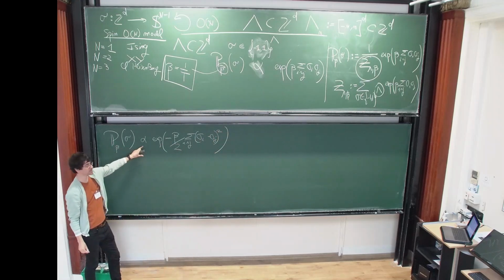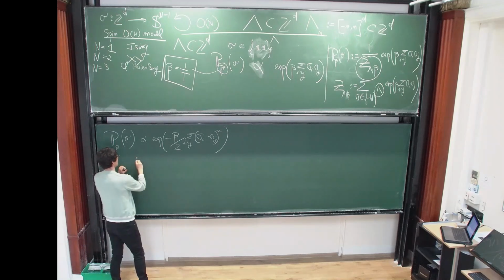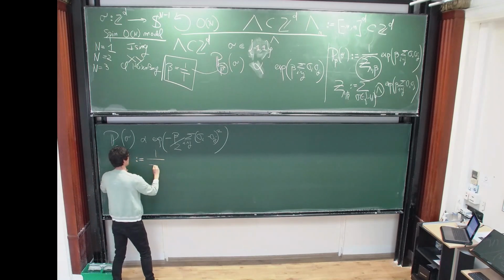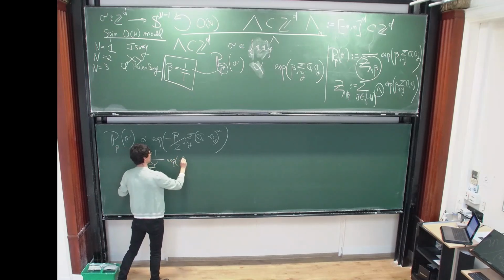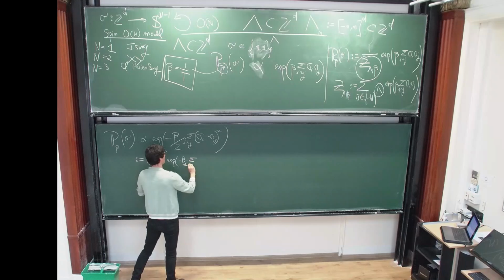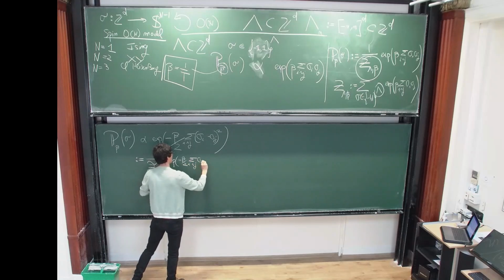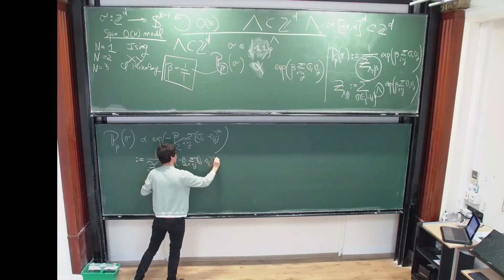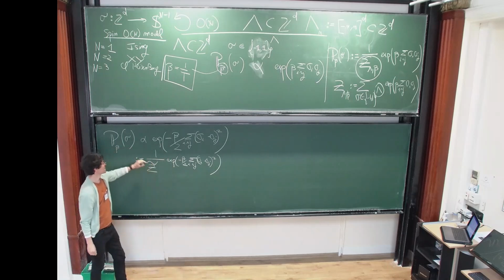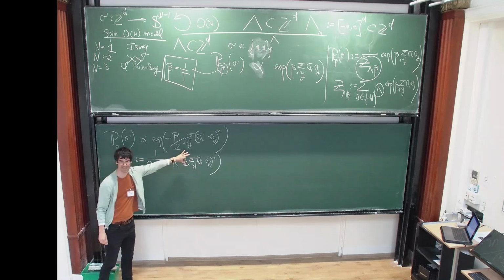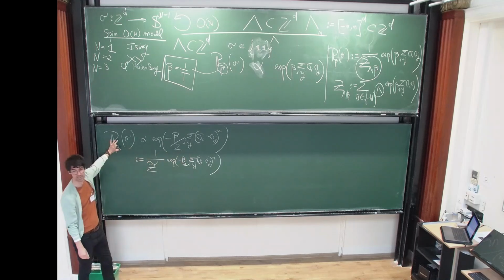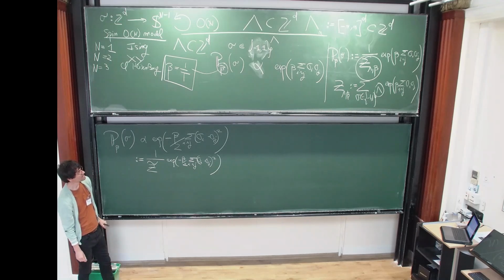If I do this, it is defined as 1 over Z tilde times exponential minus beta over 2 sum over i next to j of (sigma_i minus sigma_j) squared. And it gives exactly the same measure as before. The partition function is different, and this weight is slightly different, but it gives exactly the same model. So that's the Ising model.